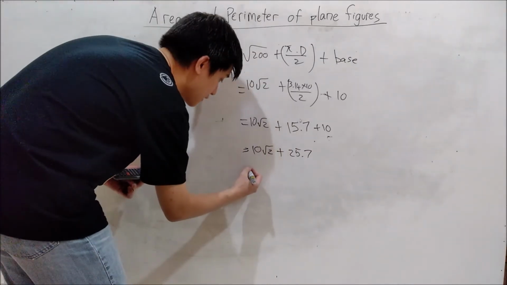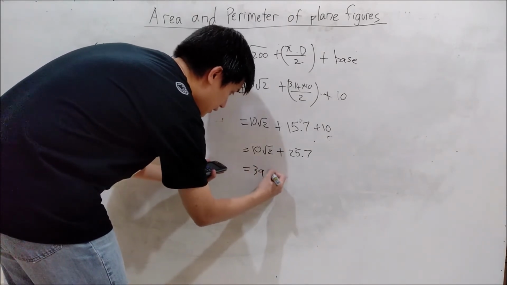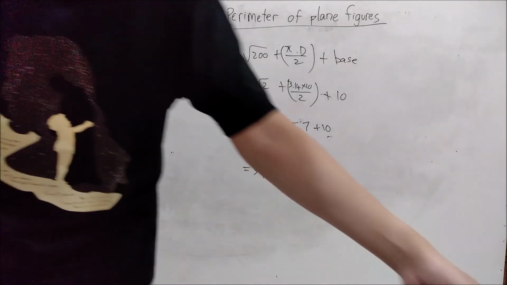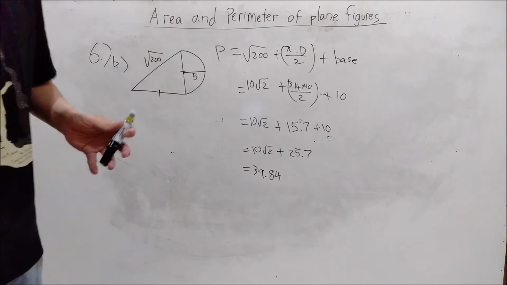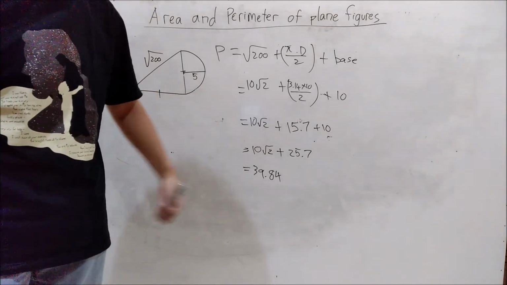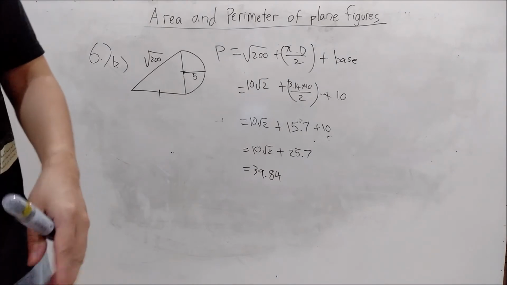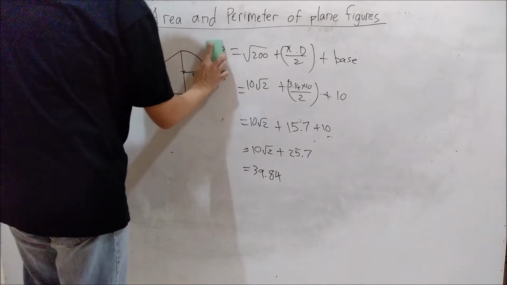It will give us 39.84. So if you have your calculator, you may want to finish that up. If you do not have a calculator, then you stick with 10 square root of 2 plus 25.7. That one is easy. Let's move on with the area.